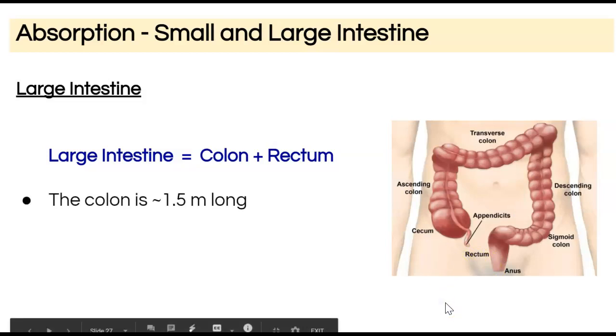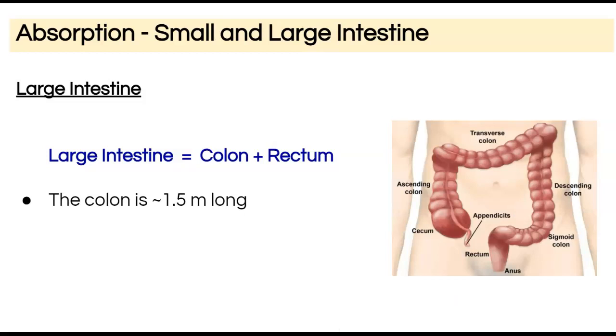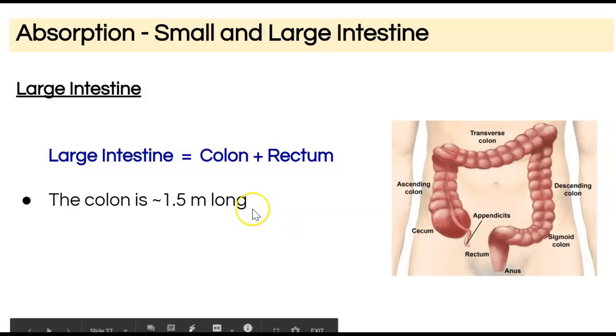So moving on, we're going to talk about the colon. The colon itself is about 1.5 meters long. We just finished talking about how the small intestine was just a little bit short of 6 meters long. So why are we calling the large intestine large if it's shorter? This is why.